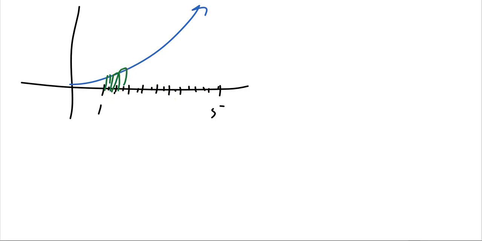A bunch of little tiny rectangles, all the way down. So more and more rectangles means n is approaching infinity, correct? So something's approaching something. It's one of those awful limits.